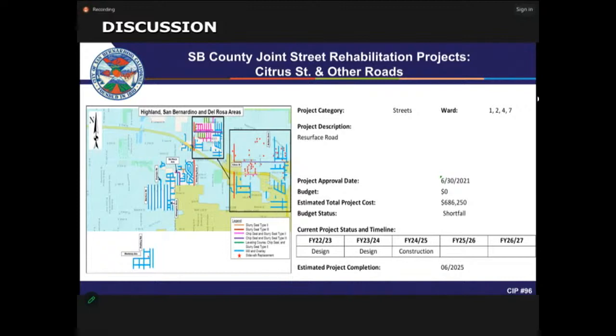For this project, the total project cost is $686,000. Again, there's no budget for it. Currently the project is at 100% design, and construction is scheduled to be completed in June 2025.